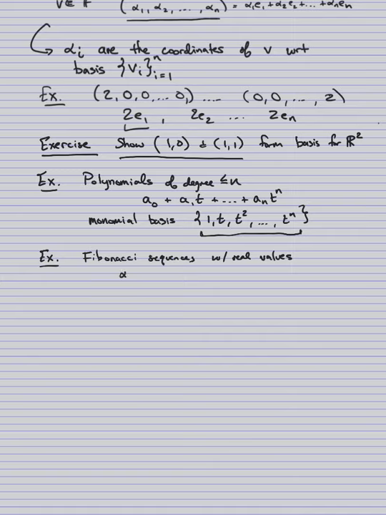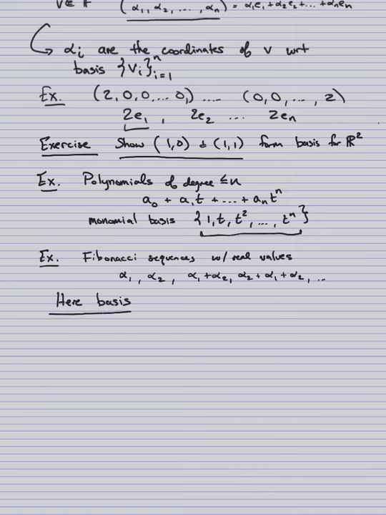So they looked like alpha 1, alpha 2, and then alpha 1 plus alpha 2, alpha 2 plus alpha 1 plus alpha 2, etc. Some of these I would like you to check for yourself, check the details.